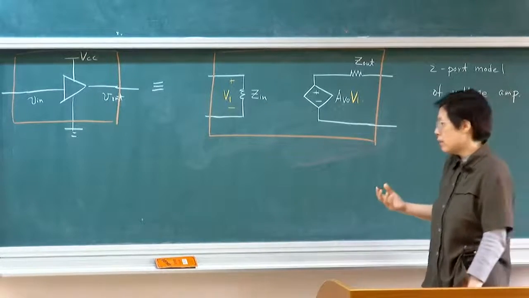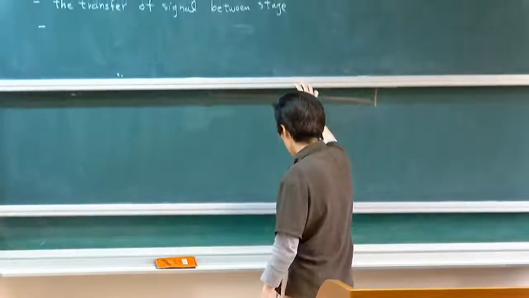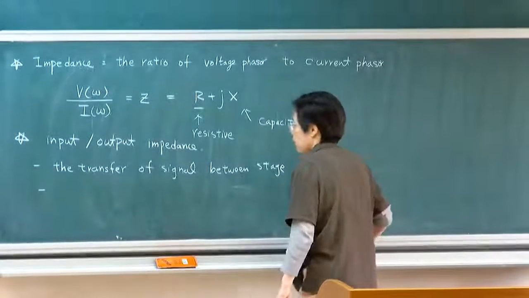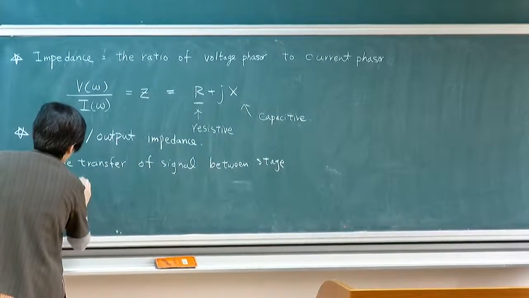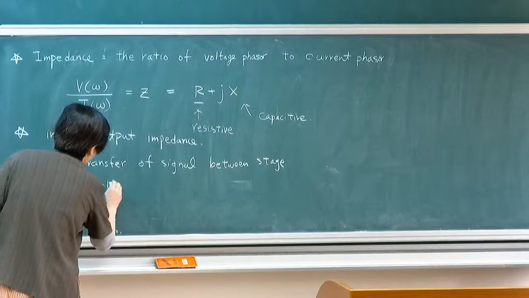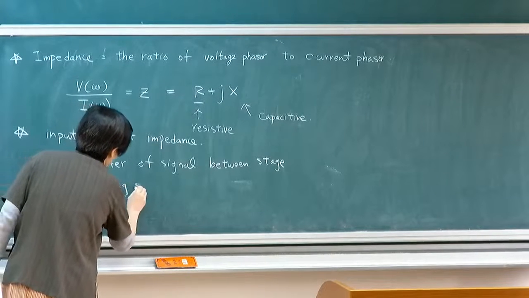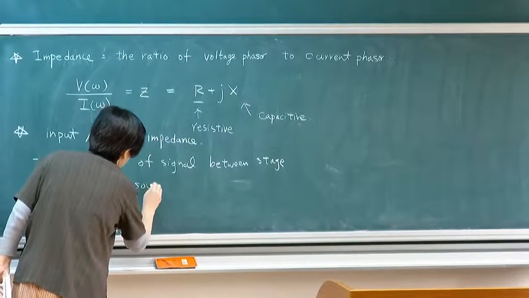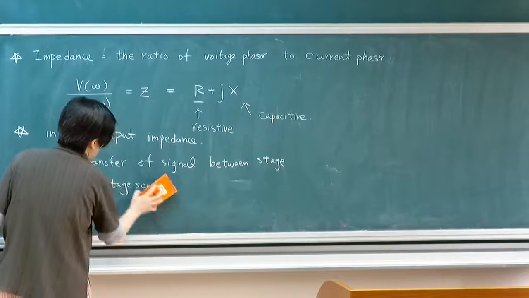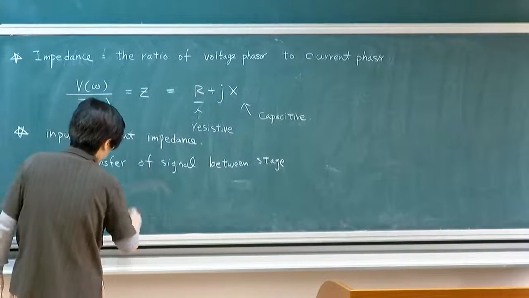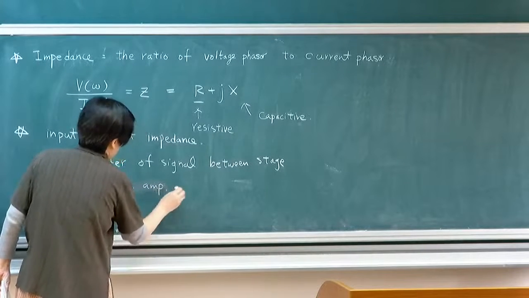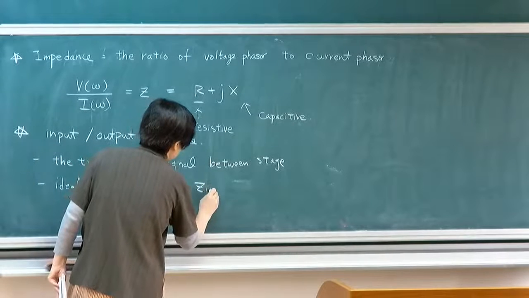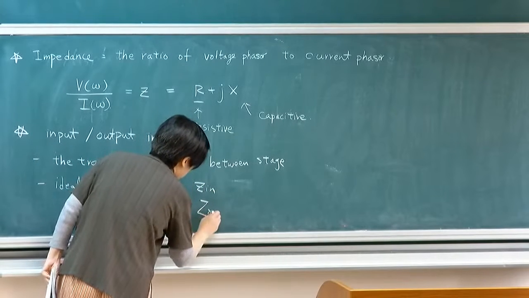For an ideal voltage amplifier, what do I look for in input and output?